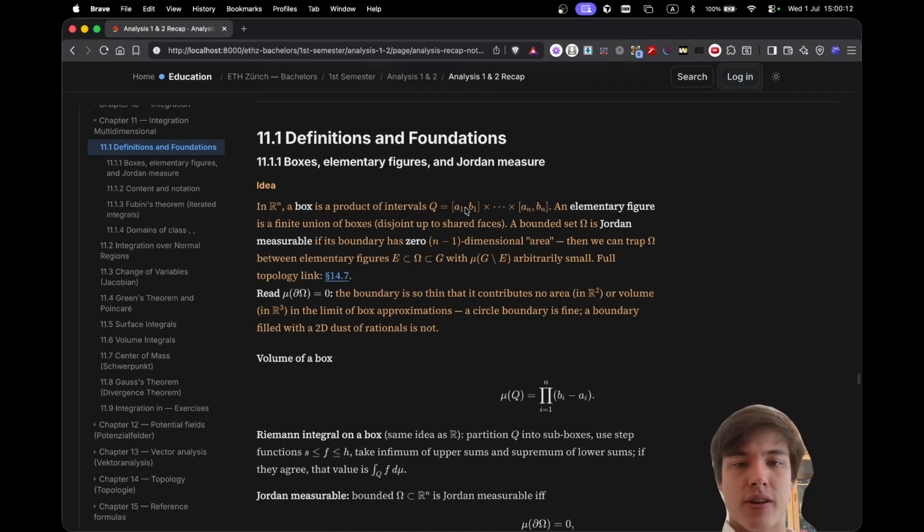Integration, multi-dimensions. Yeah, we can make a box. We can have a function of the size of the boxes, and then integrate it along one area.